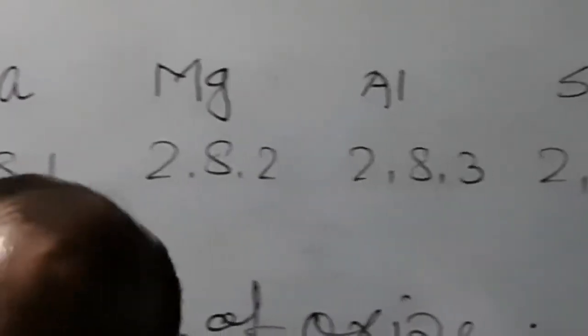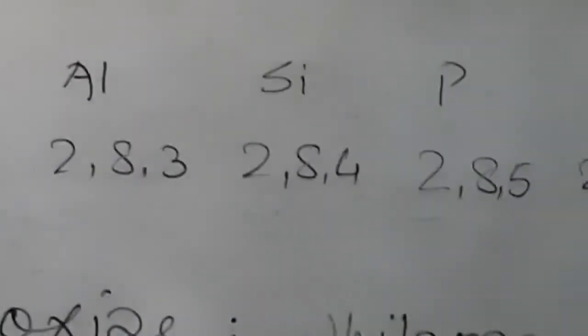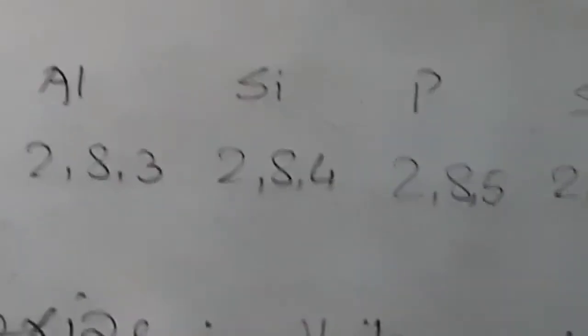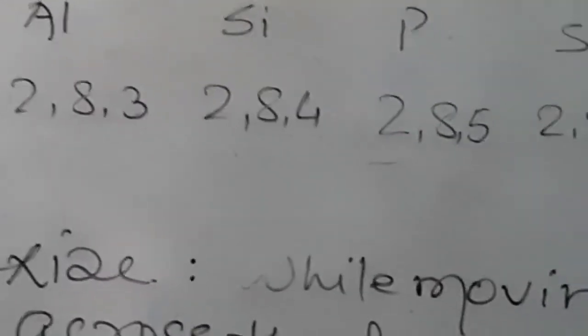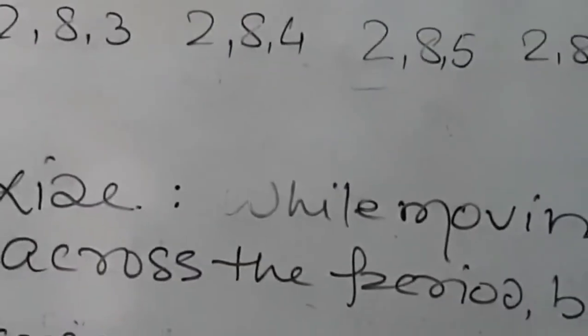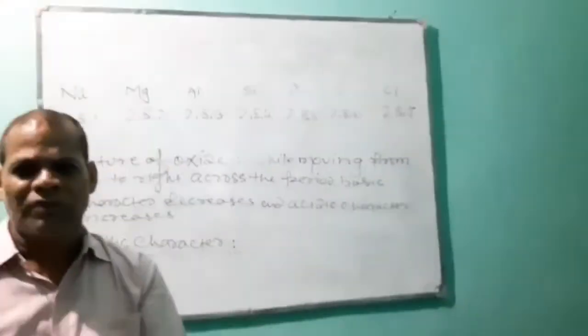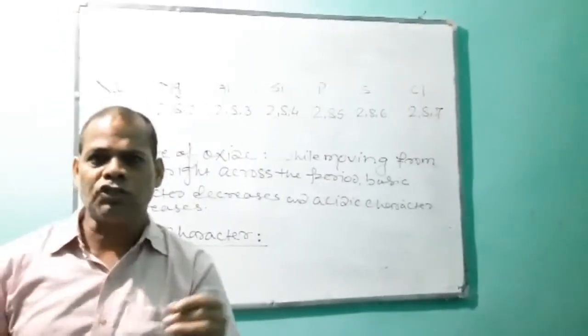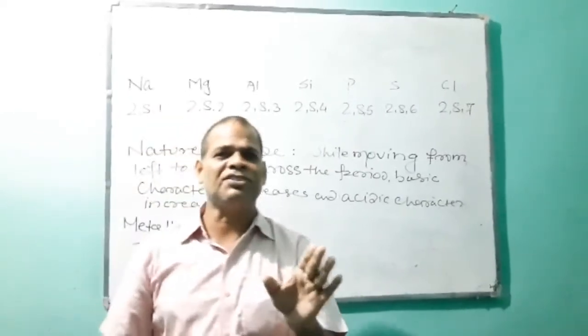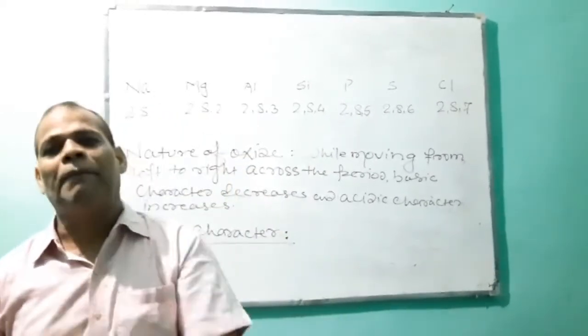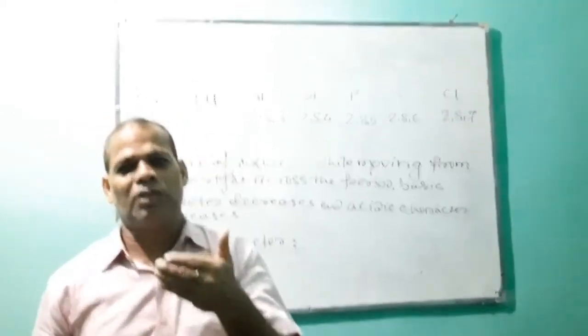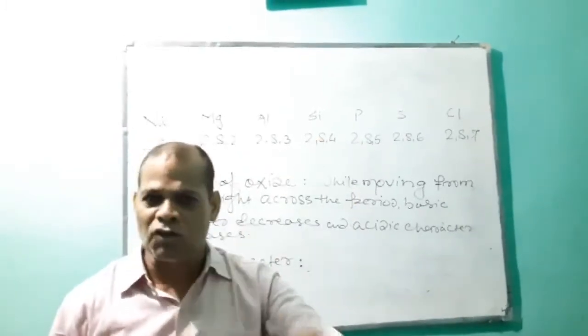Now again, the factor is size. Why is sodium able to lose electrons faster than magnesium and aluminum? Because sodium is bigger in size as compared to magnesium. So sodium loses electrons fast.